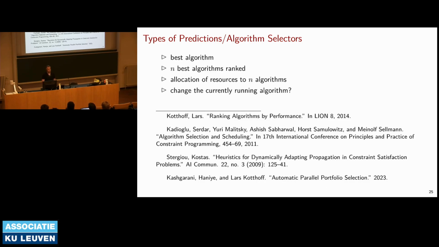Okay, so once we have these performance models, what can we do with them? That depends on the type of performance models. We can always get the best algorithm because that's what we set out to do in the first place. If we can't do that, then our performance models are not suitable. If we have something that doesn't consider only the entire portfolio at once, then we can also get the n best algorithms ranked. And we can use that, for example, to allocate resources to our n best algorithms. And if we're using dynamic features, we can also answer questions of, should I change the currently running algorithm?